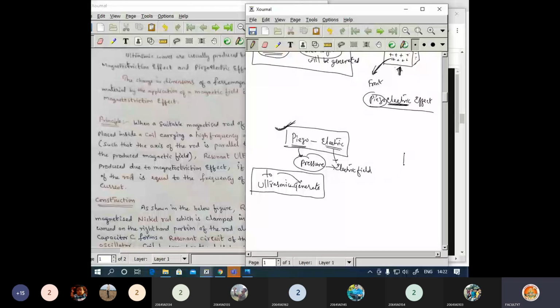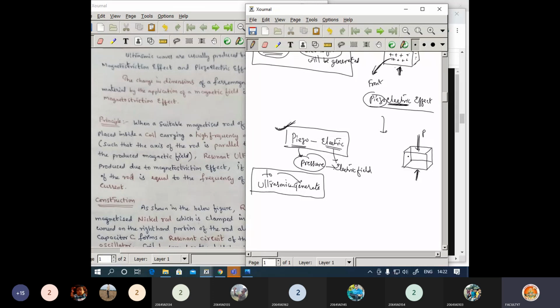Now let me do one thing. Let us understand this concept once again. This is a crystal, and we consider the top face and the bottom face. We are applying the pressure P here.